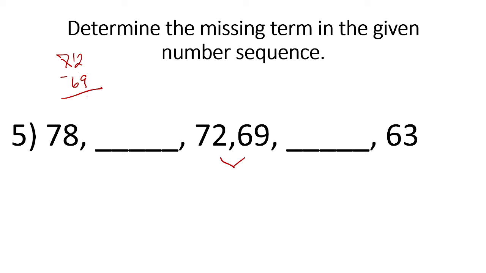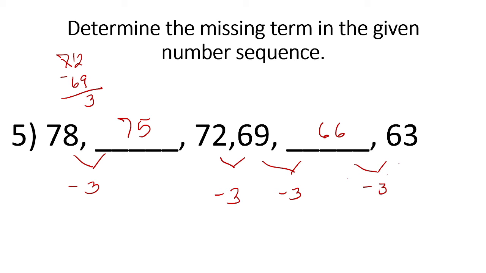Mag-minus tayo. So 78 minus 3 is 75. Then 69 minus 3 is 66. And then 66 minus 3 is 63. Okay, so tama ang ating sagot.